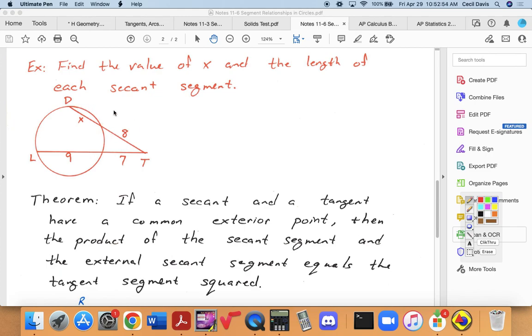Oh, this whole secant segment is x plus 8 multiplied times the outside part is 8 is equal to this whole secant segment is 9 plus 7 is 16 times the external part, 7. So this will be 8x plus 64 is equal to 112.